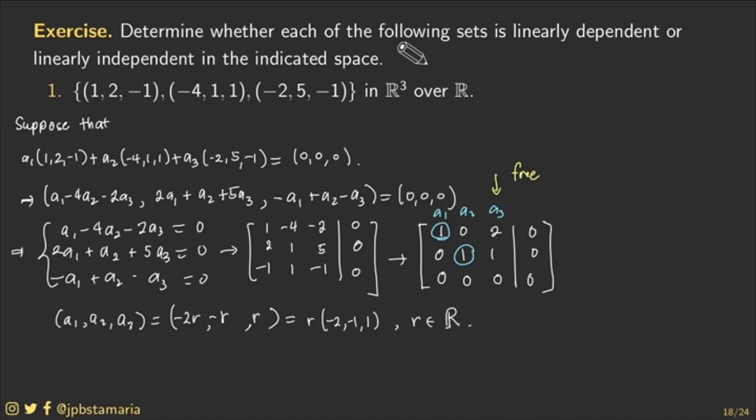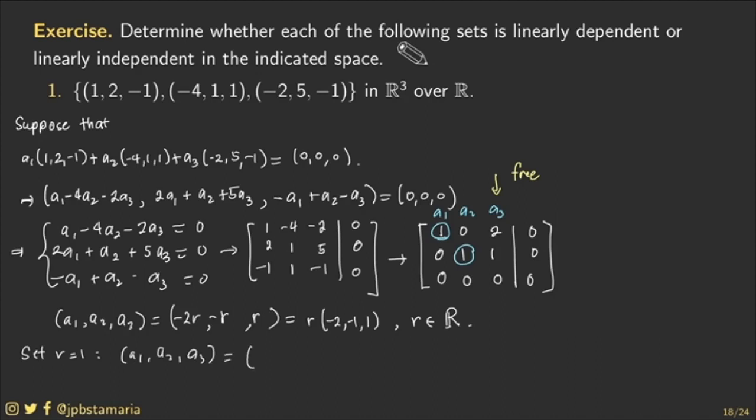So you can take any real number R, and you can see all the solutions to this linear system are the vectors which are multiples of (minus 2, minus 1, 1). For example, just set R to 1. We get the following non-trivial value. Don't set R to 0 because you will just be getting the trivial solution.